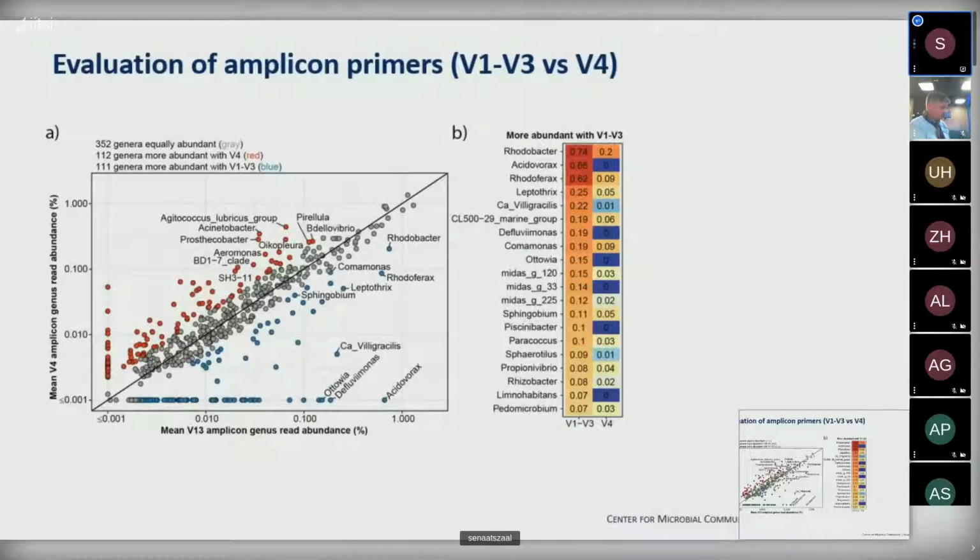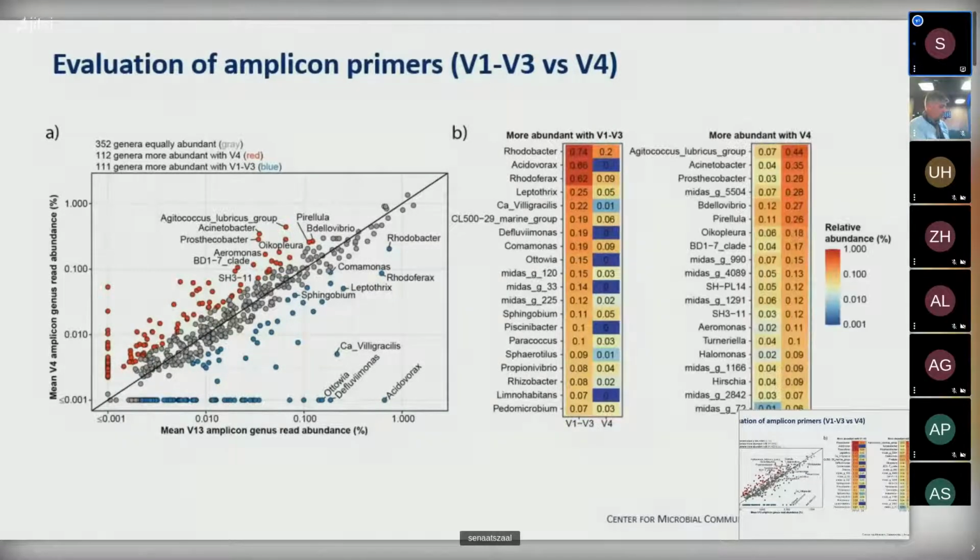However, if we look more into detail with the ones which are more abundant with the V1-3 primers, we can actually see that some of the most abundant ones are completely absent when detected with the V4 primers, such as Acidovorax and Diphlorimonas. The same is not the case if we look into the ones which are more abundant with the V4 primers. They are still detected with the V1-3 primers, just in lower abundances.